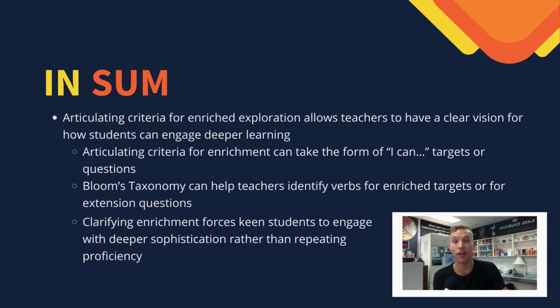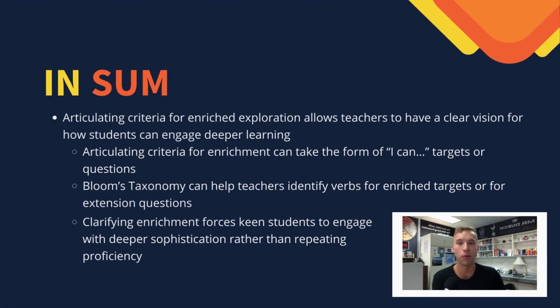Articulating criteria for enriched exploration allows teachers to have a clear vision of how students can engage in deeper learning. Articulating criteria for enrichment can take the form of I can targets or questions. Bloom's taxonomy can help teachers identify verbs for enriched targets or for extension questions.